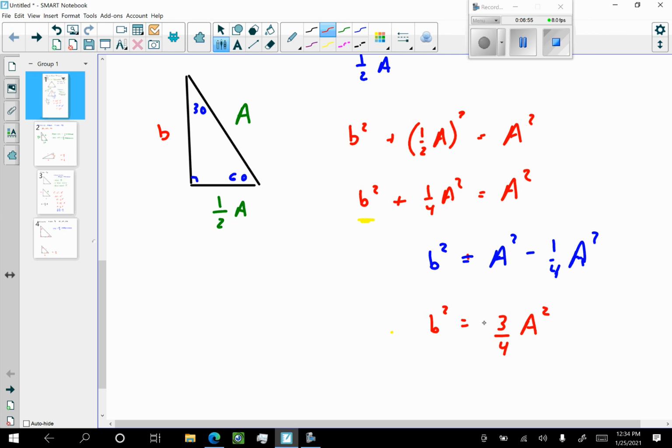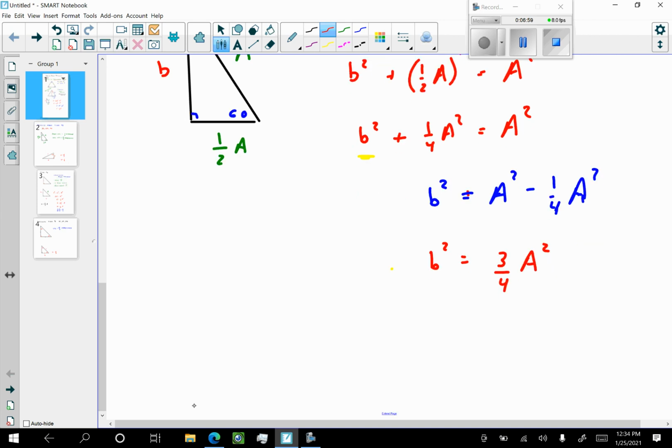If I square root both sides, I want to get B is, well, it's going to be the absolute value of B here. But keep in mind, since we're in a triangle, B is always going to be positive. B cannot be negative. And so B is going to be the square root of 3/4 and the square root of A squared.